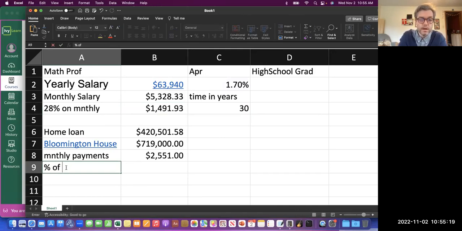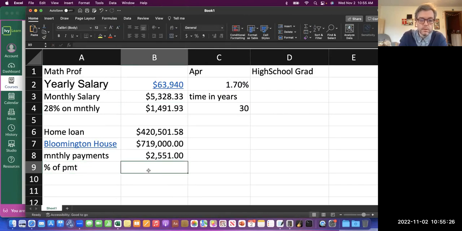So percent of payments, we'll do this divided by this. And I can turn that into a percentage if I choose, and I do choose. So that's 48%. So almost half.